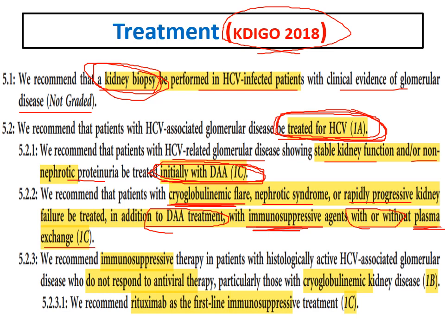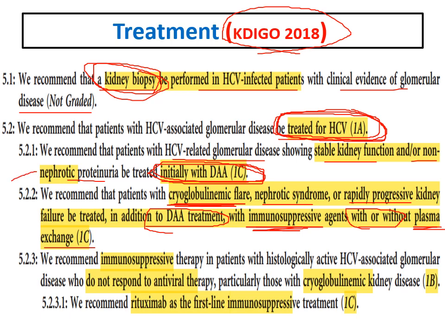Again, in patients with HCV that present with cryoglobulinemia, nephrotic syndrome or RPGN, the treatment should include direct antiviral, immunosuppressives with or without plasma exchange.